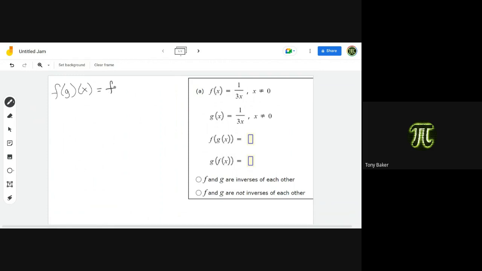So I have f of 1 over 3x. It's 1 over 3 times 1 over 3x. Actually, not 3 times 1/3.